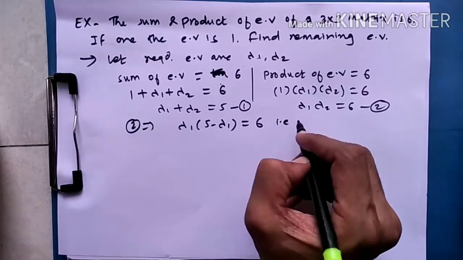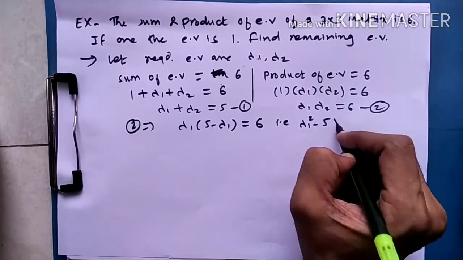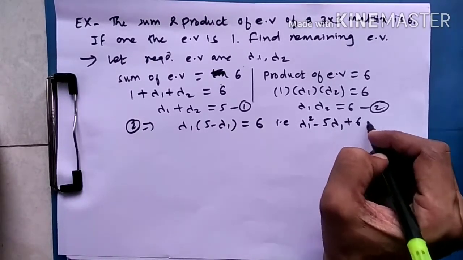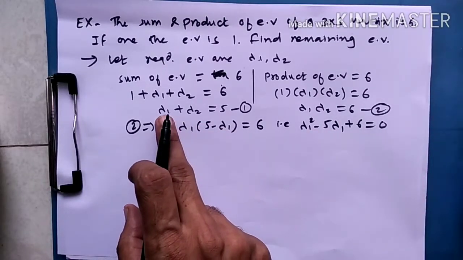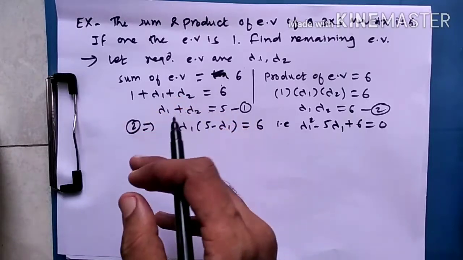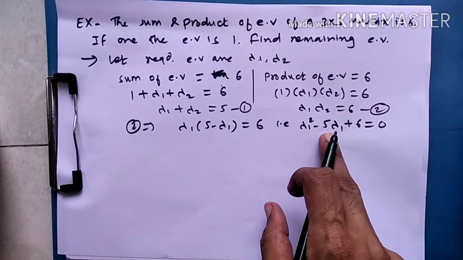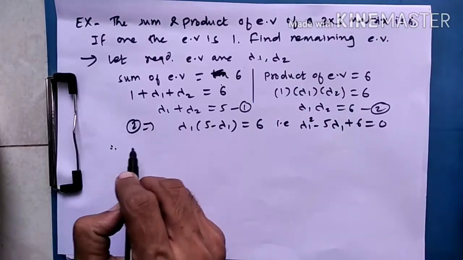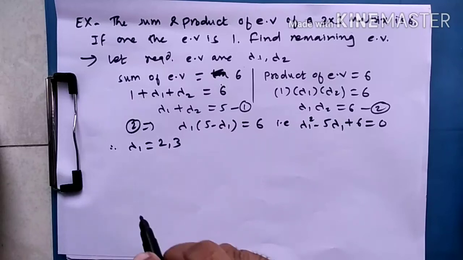That can be rewritten as a quadratic equation, lambda 1 square minus 5 lambda 1 plus 6 is equal to 0. Or you can use the simple notations, instead of lambda 1, lambda 2, you can go for x, y or a, b, anything which you want. So we got this quadratic equation, solving which will give you the roots here, that are 2 and 3.